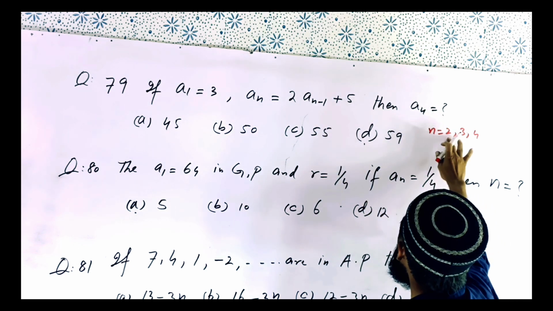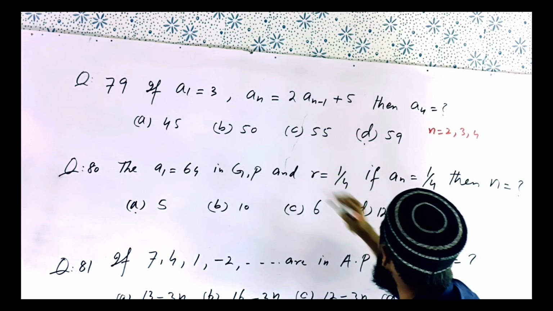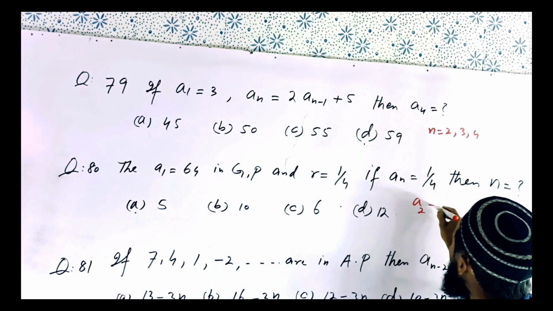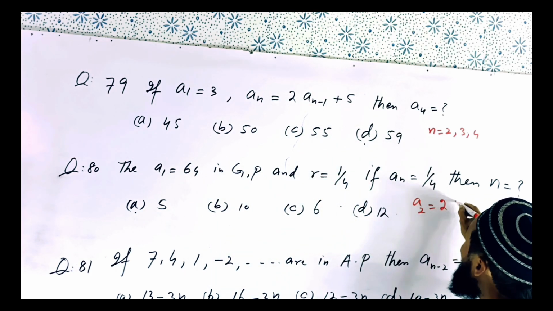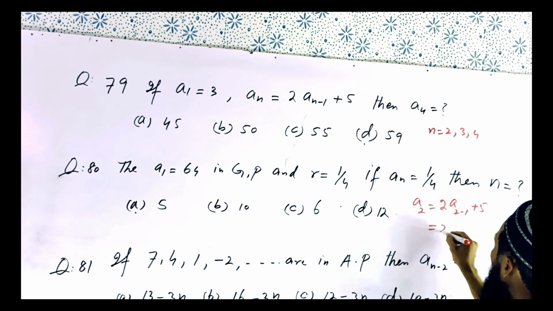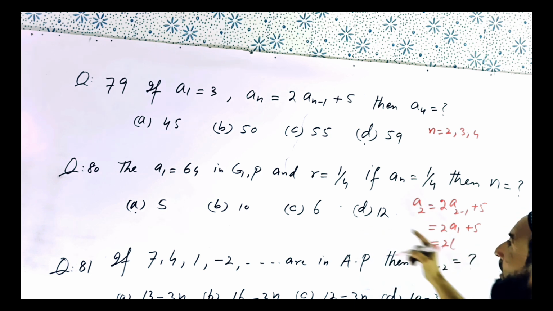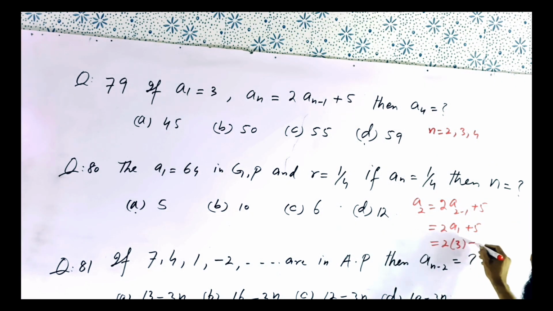So first of all we find the second term, we put n equal to 2 in the given formula. So we get here 2 into a(2 minus 1) plus 5. So what is the result? 2a1 plus 5. a1 is already given, 3. So we get here 6 plus 5 is equal to 11.